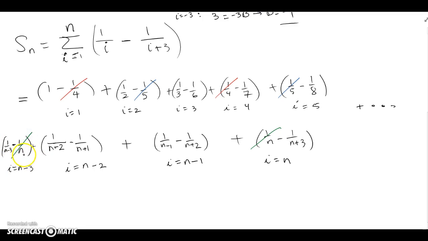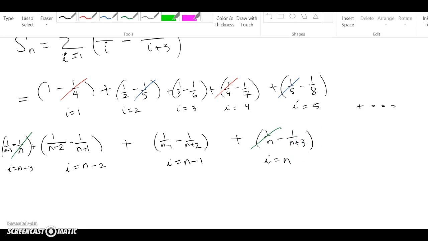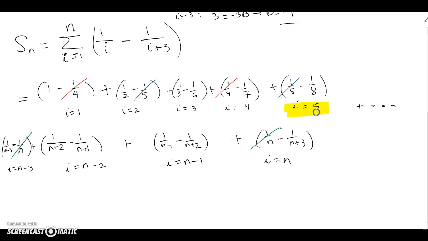And again, if I see previous terms, some of these other guys will cancel also. Now, if it's confusing for you and you can't tell which of these should go away and which should stay, you can just say, I'm going to focus on 5 or on 4, whatever you want to stop at, and I'm going to see what's left.